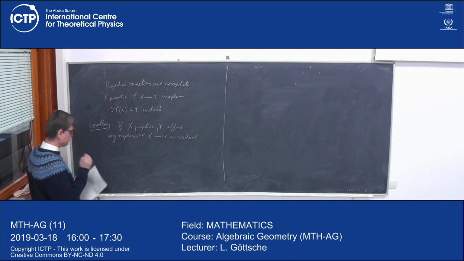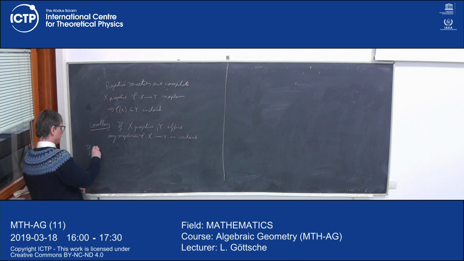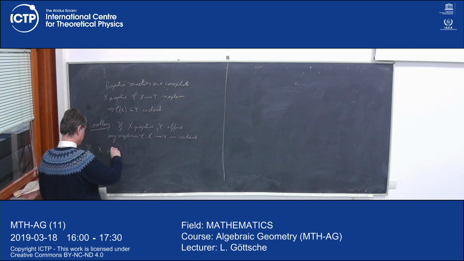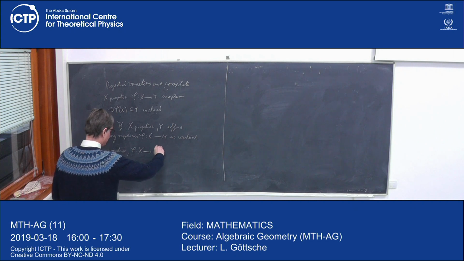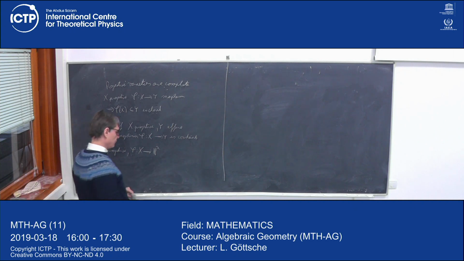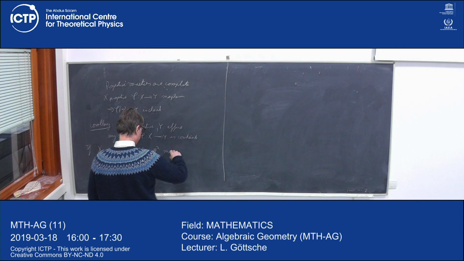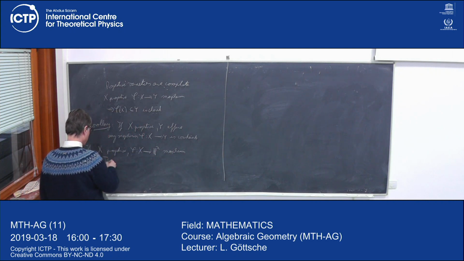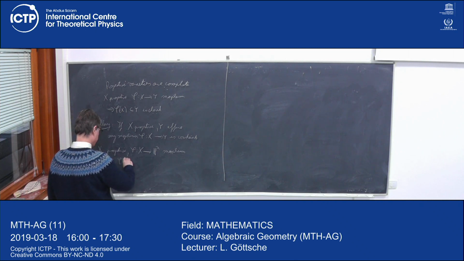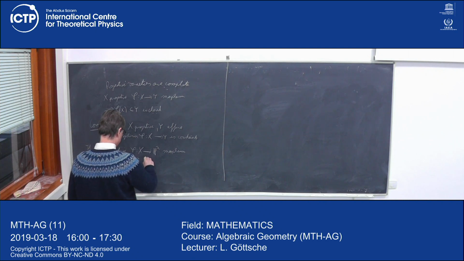And so, if X is projective, and φ from X to P^n is a morphism, then φ(X) in P^n is a closed subvariety, so it is a projective variety.